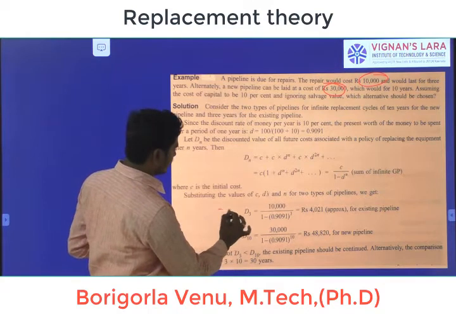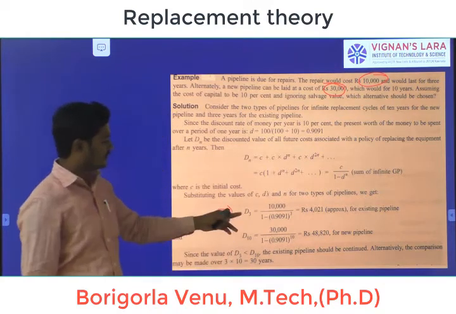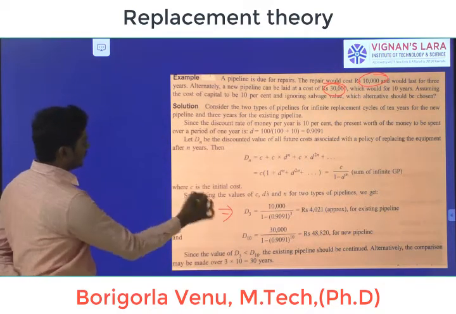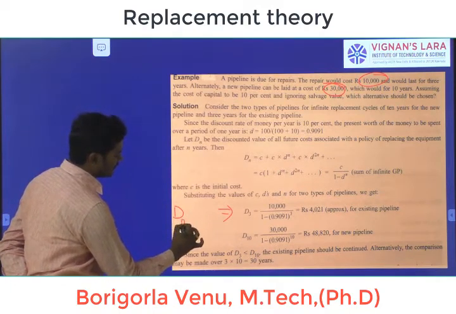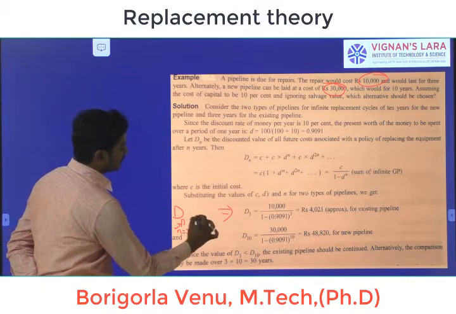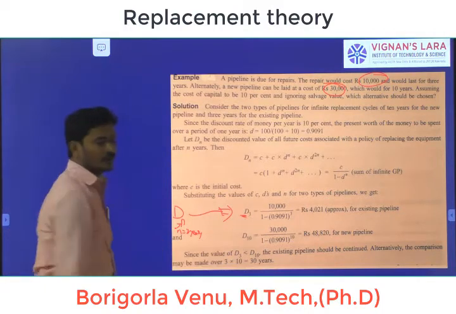First we are going to take the initial one, D of n, for the existing pipeline. They are given n is equal to 3 years, so that's why I am taking D3.